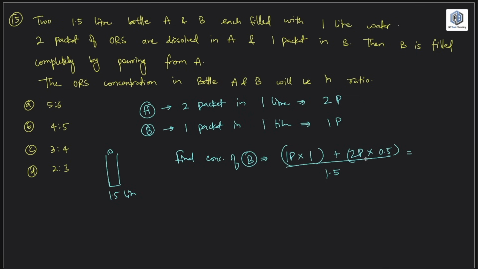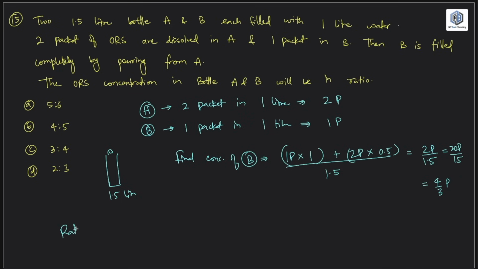So this will become 1p, and this will also become 1p. So 2p total divided by 1.5, or you can say 20p by 50, or 4 by 3p. That's what you will get for the final concentration of B.